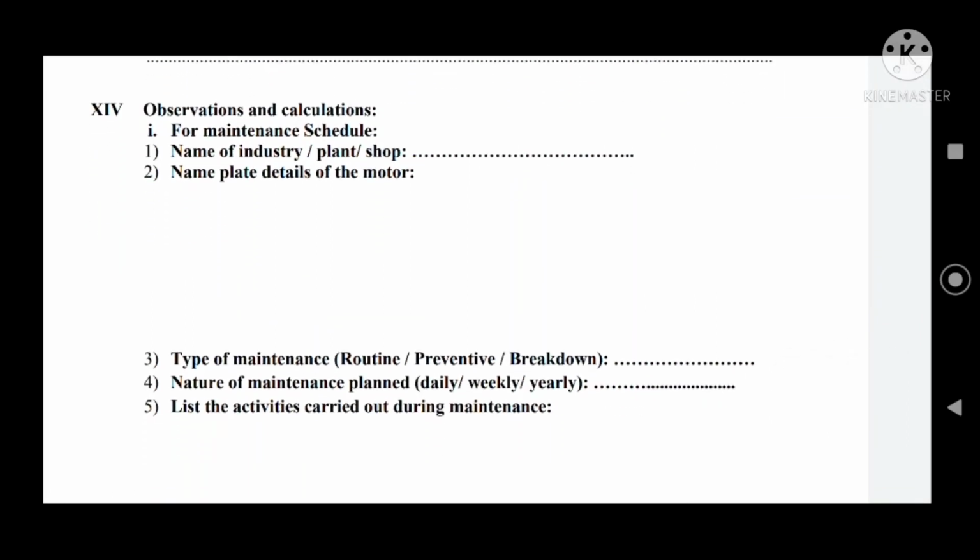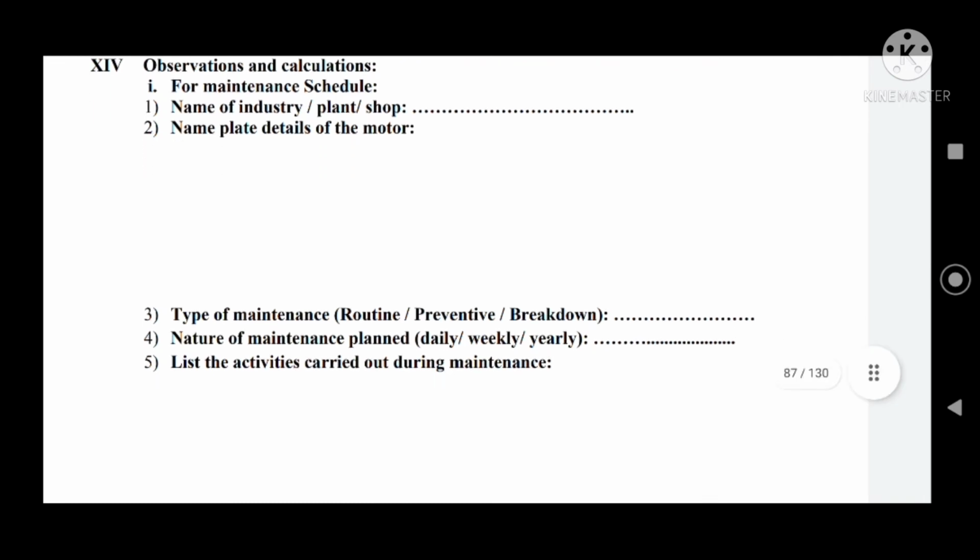So in this you have to write, that is first for maintenance schedule, that is name of industry or plant or shop. So write down the name of industry, then nameplate details of the motor, and next is type of maintenance, that is routine, preventive and breakdown. So write down the type of maintenance.